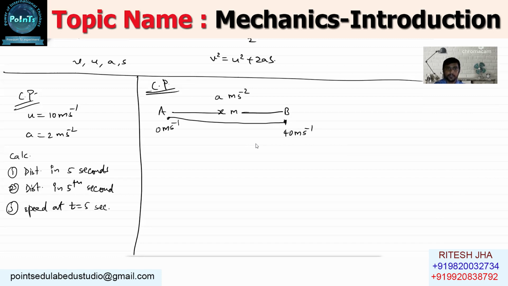What do you think the speed would be at this point P, which is at 3x by 4 meters distance from the start, if the acceleration is a only? This is the second question. You understood the question, right? All right. Here is another one.